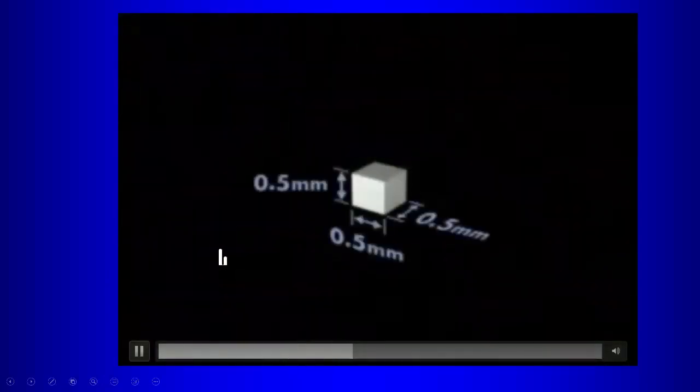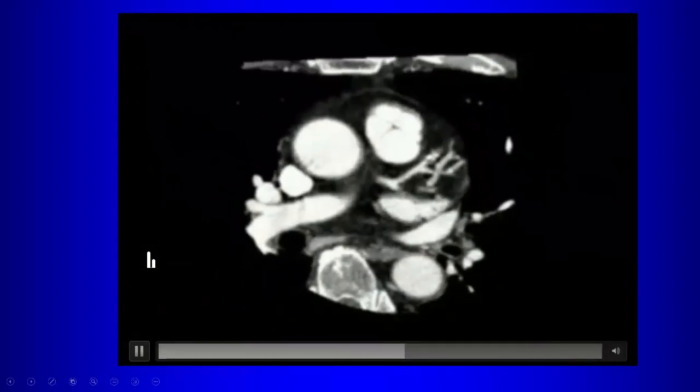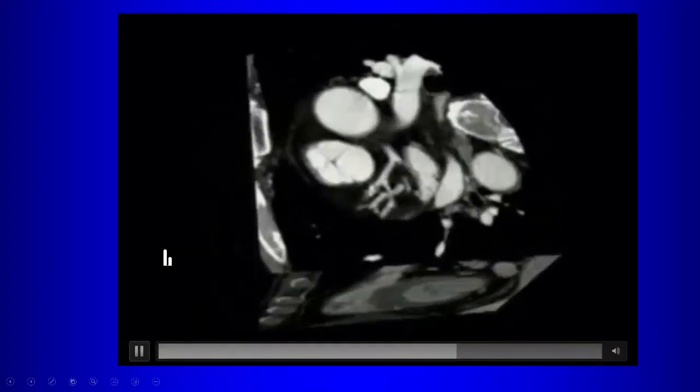But there's also, along the z-axis, a thickness along the axial direction. And if the resolution along the axial direction approaches the resolution in plane, then you have an isotropic imaging voxel. What that means is, regardless of how you reformat that image, any plane, sagittal, coronal, or curved reformatting, there is no loss of resolution.